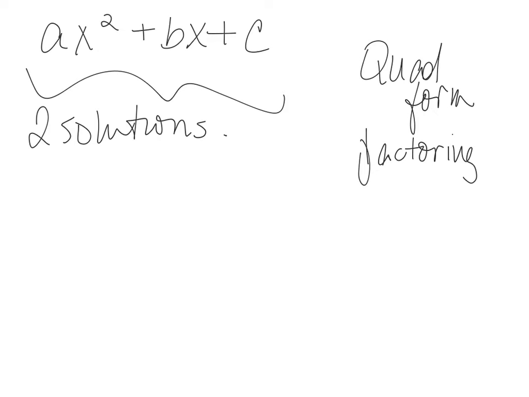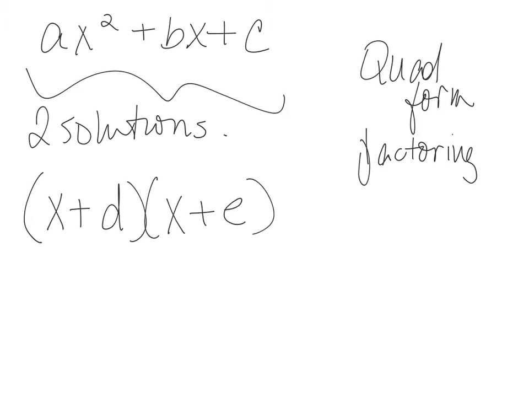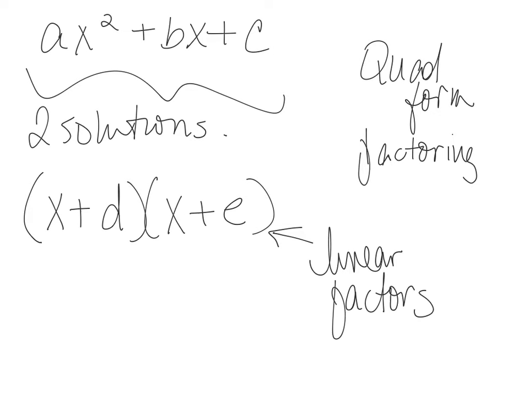So that's when we do, we'll give it A, B, C, D, and E. Okay, these are called linear factors. It's linear because this is just to the first power.